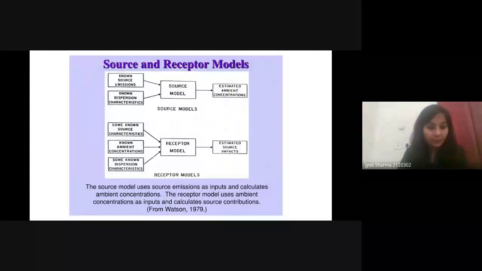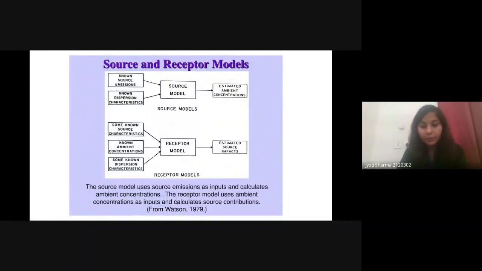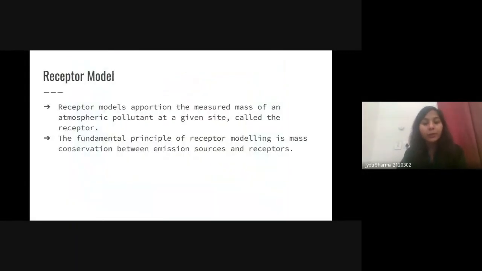I think I have already talked about this. A receptor model apportions the measured mass of an atmospheric pollutant at a given site called the receptor. For example, you are collecting data from 1 kilometer, the gas sample.